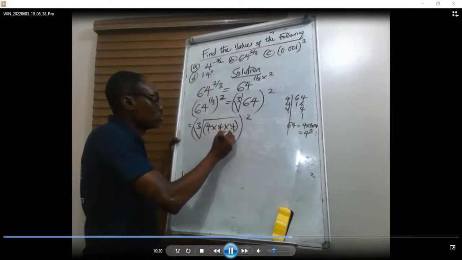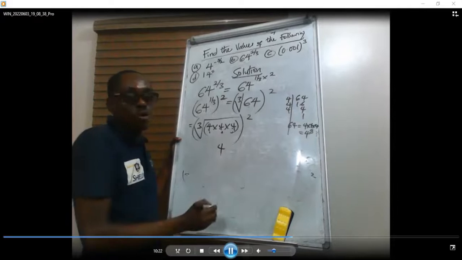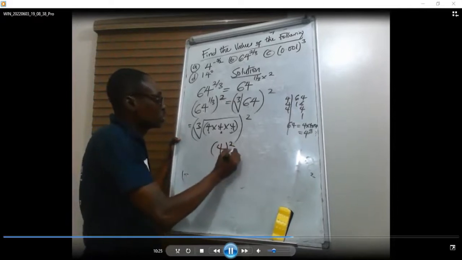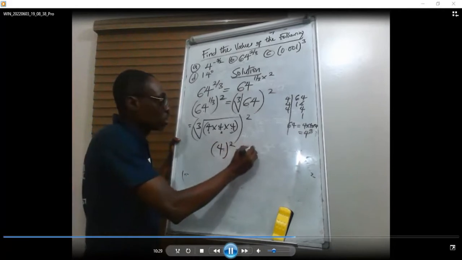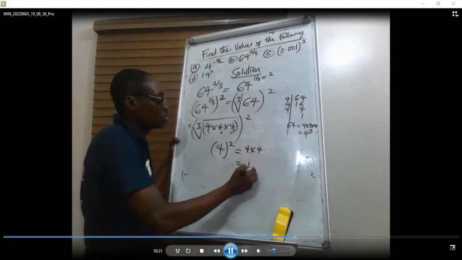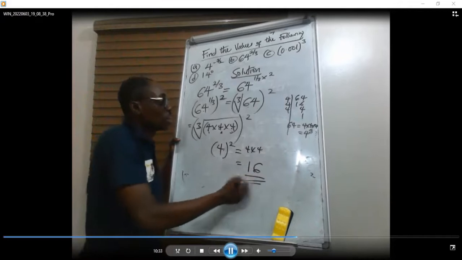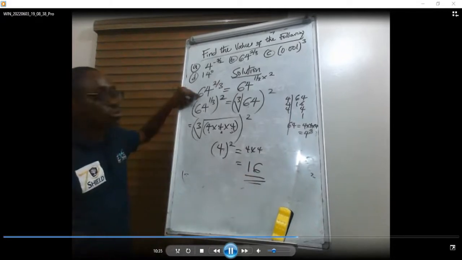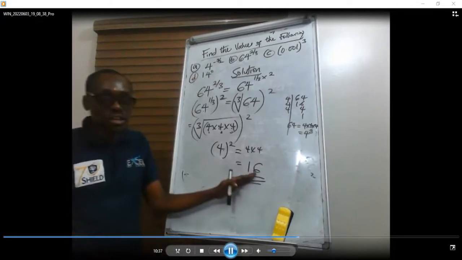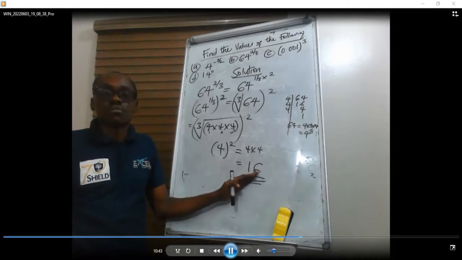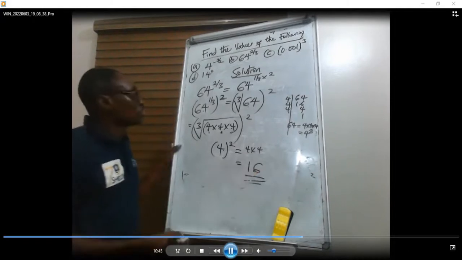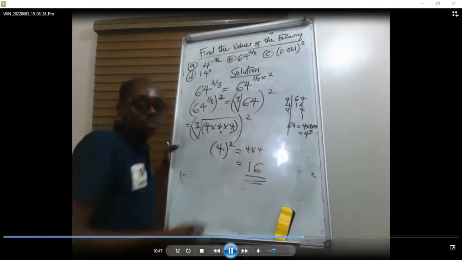So 4 raised to power 2, which means 4 times 4, which is 16. So the final answer is 16. 4 raised to power 2 over 3 gives you 16. The answer is 16.